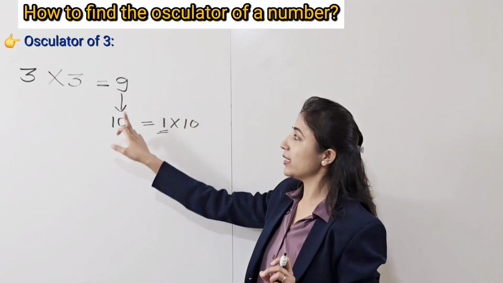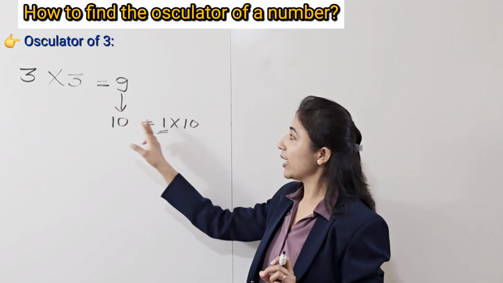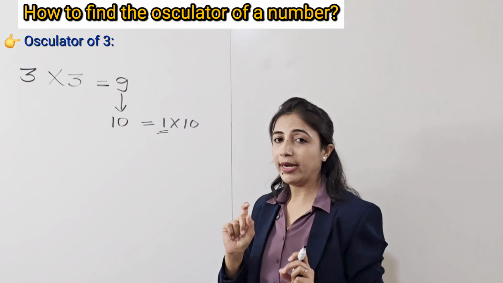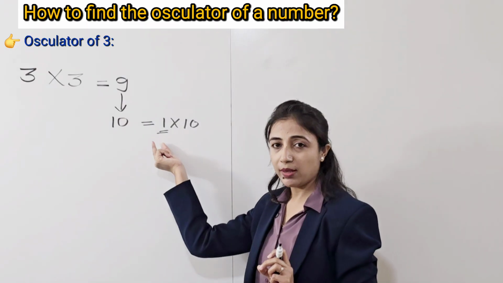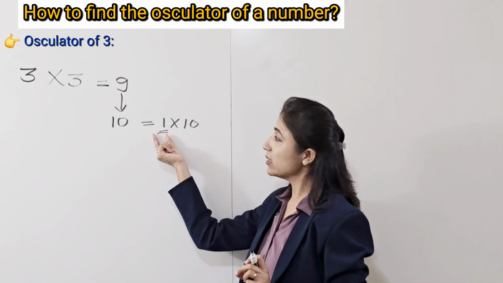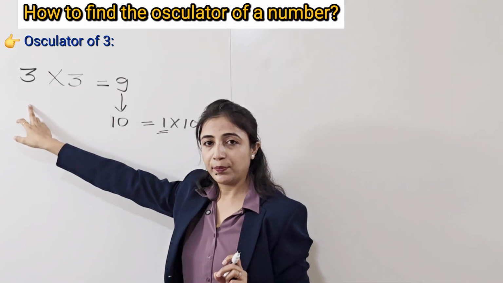This 9 is near to 10, and that 10 we can write as 1 into 10. That's why 1 is the osculator for 3.